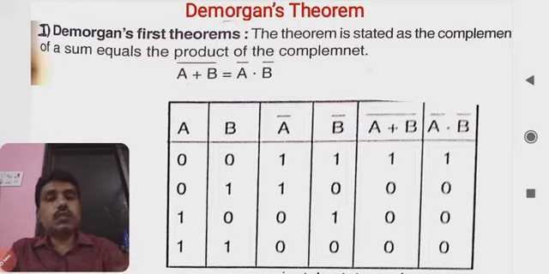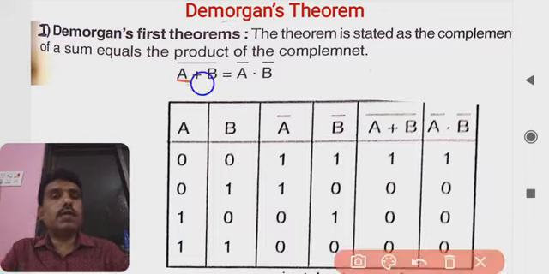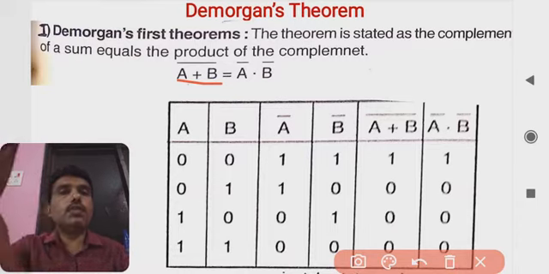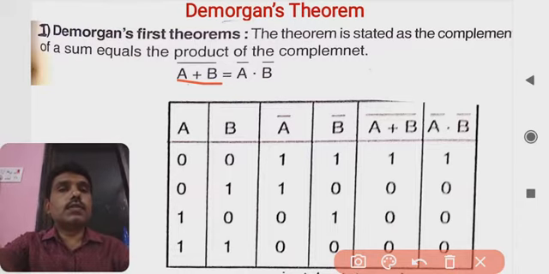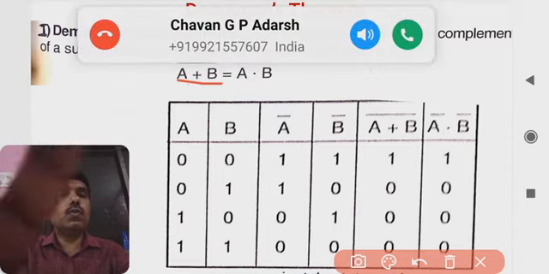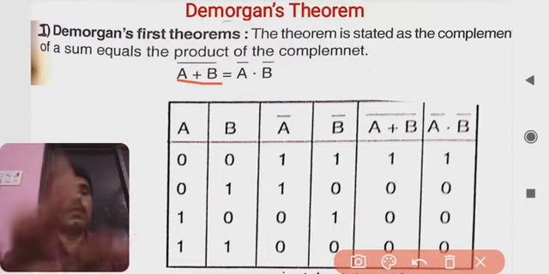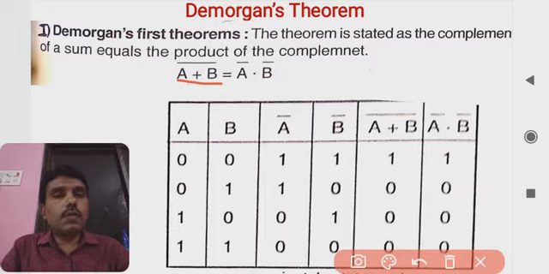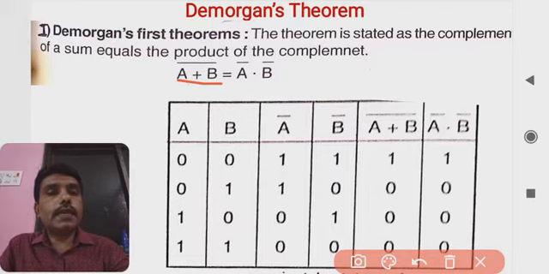For the left hand side, it is A or B complement, that is the complement of the sum. So first I need the A or B addition, the OR operation.